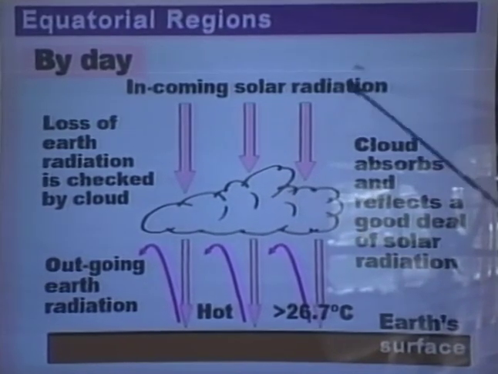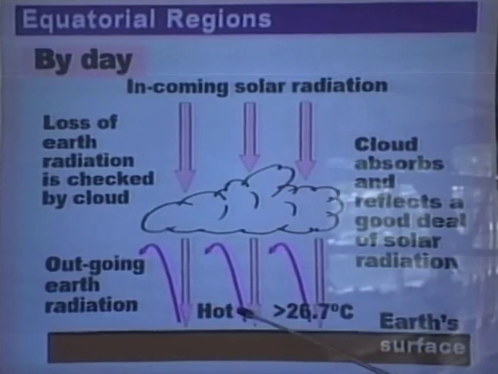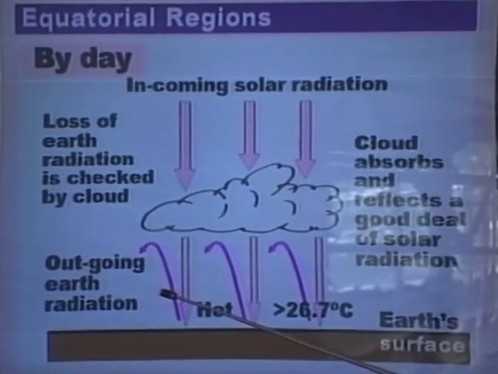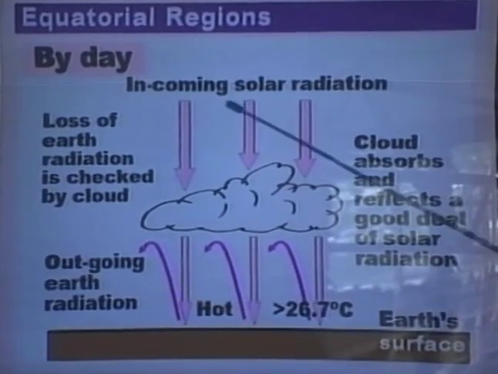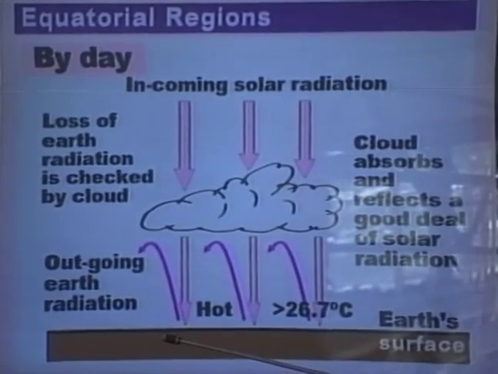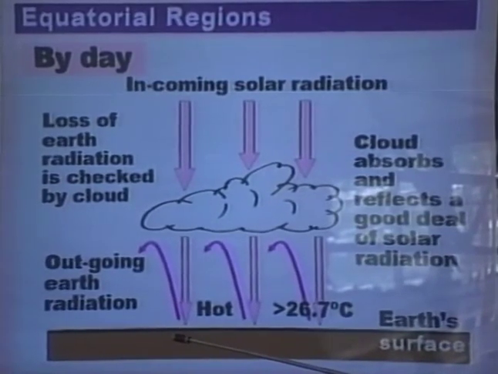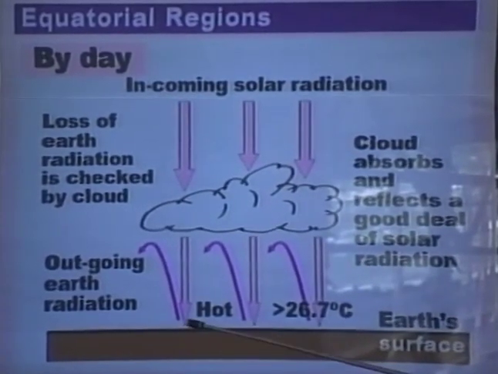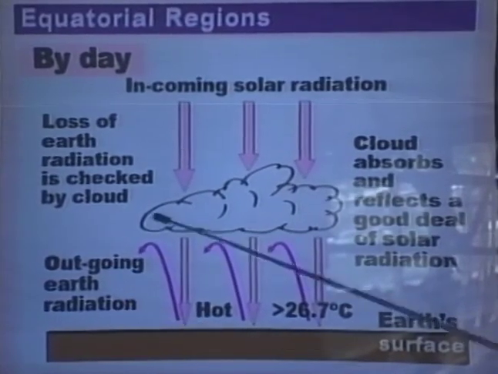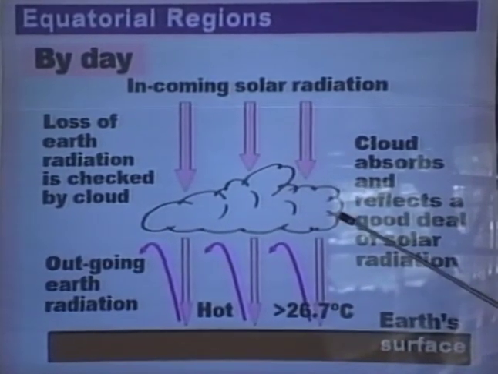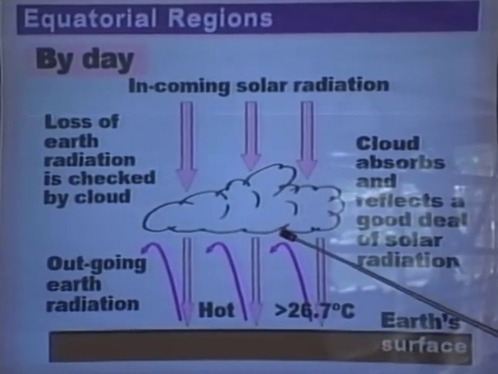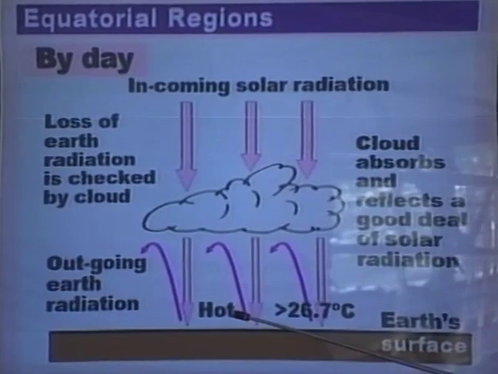Meanwhile, we are looking at the outgoing radiation. Where is this outgoing radiation coming from? It is already from the 50% of solar radiation, or insolation, which is actually used in heating up the ground and the air around it. That radiation will not be able to escape, because if there are clouds, the heat which is radiating back will bounce off those clouds and come back to the surface.